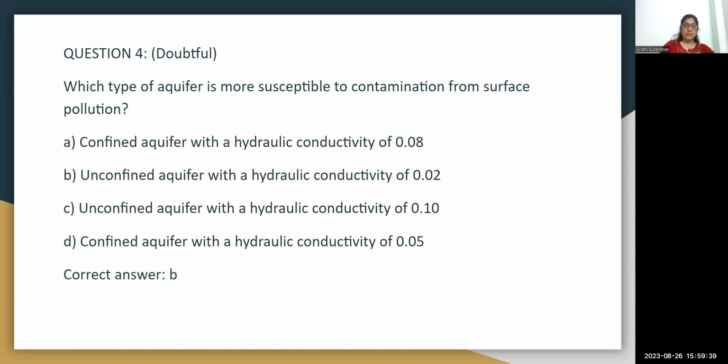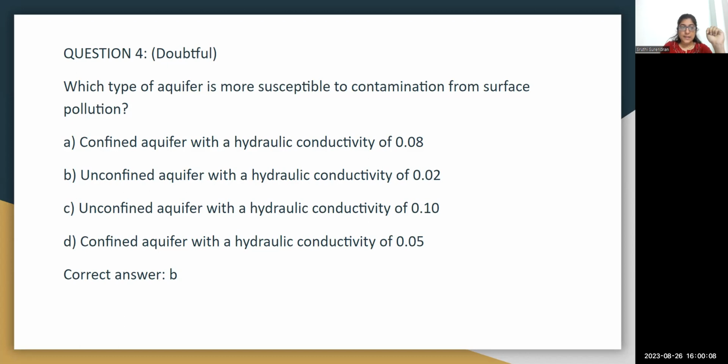Now let's go to the second term, which is hydraulic conductivity. When a soil has higher hydraulic conductivity, it means that soil is capable of transmitting water more easily. So the soil with more hydraulic conductivity is going to transmit the pollutants more easily than the soil with lesser hydraulic conductivity.